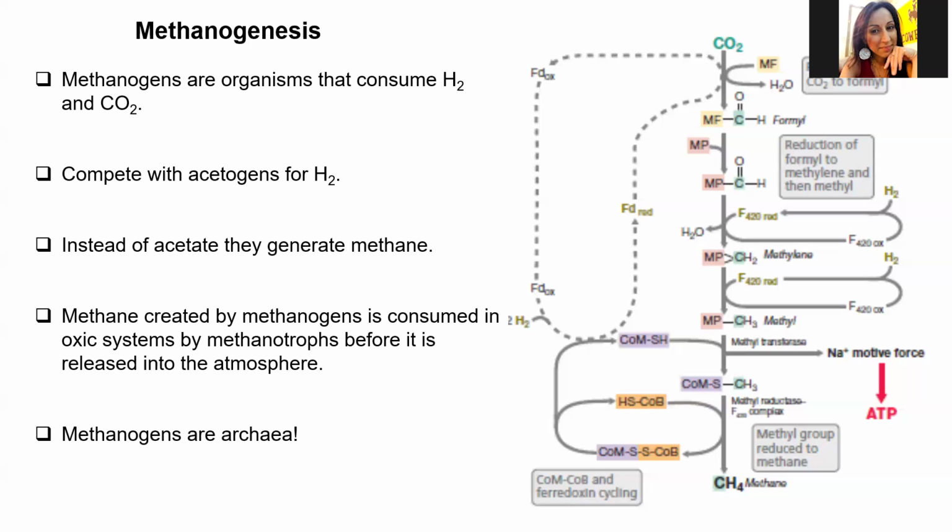The only difference is that instead of acetate, they generate methane. Because I'm not asking for details about metabolism, I'm not asking you to know the specific enzyme, which is called methyl coenzyme M reductase. The principle is similar.